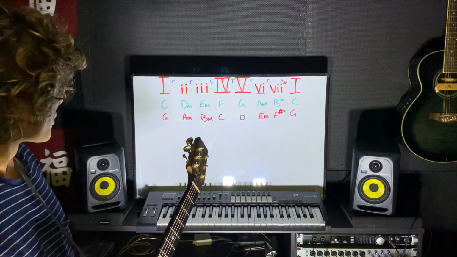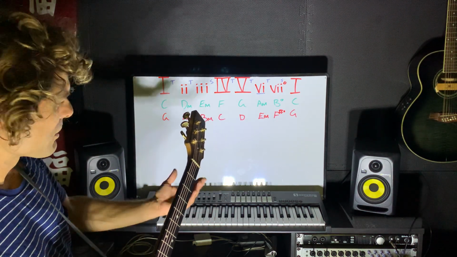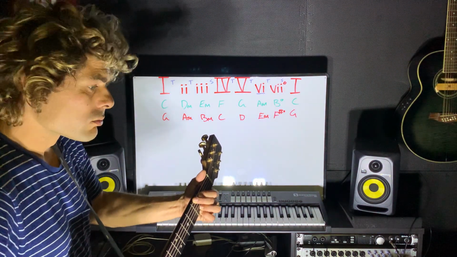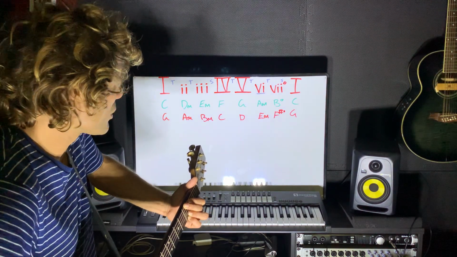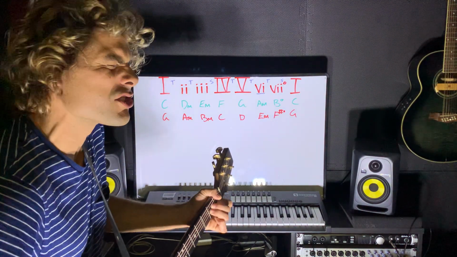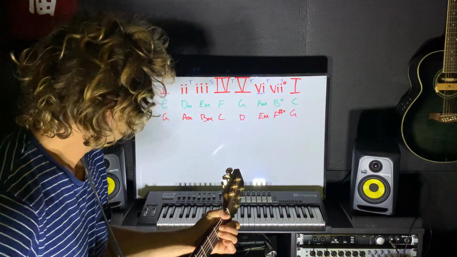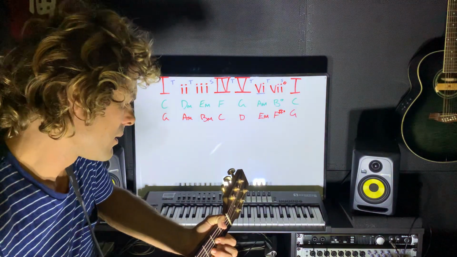All right, so we wanted to write a song in G. Let's start with G. I'm going to take you on a journey. I'm going to move now to chord 2. Sanctuary at chord 5.